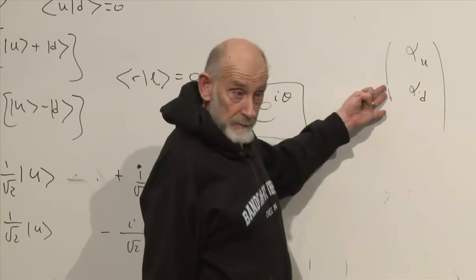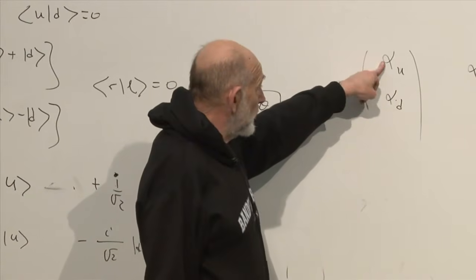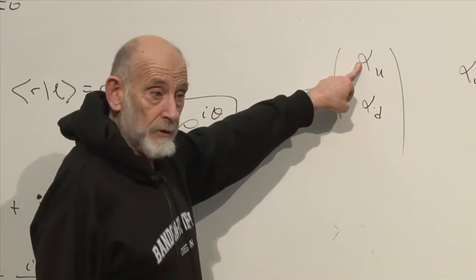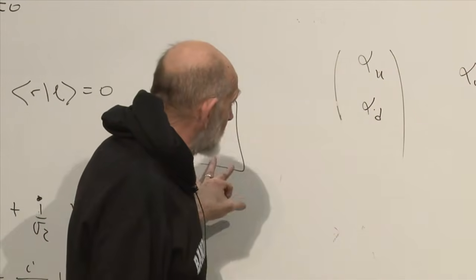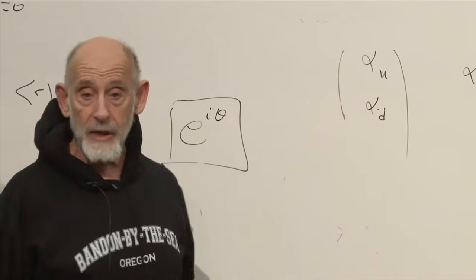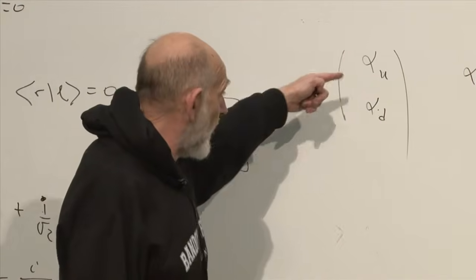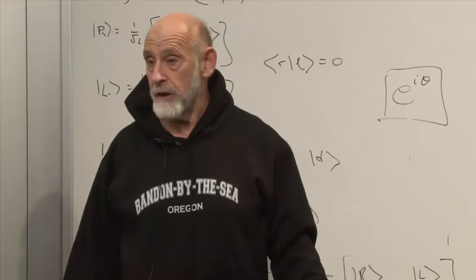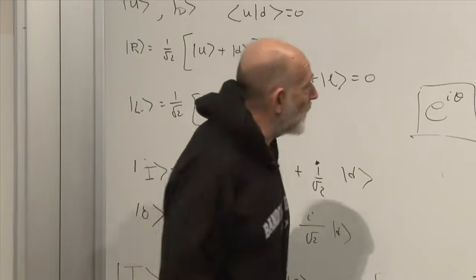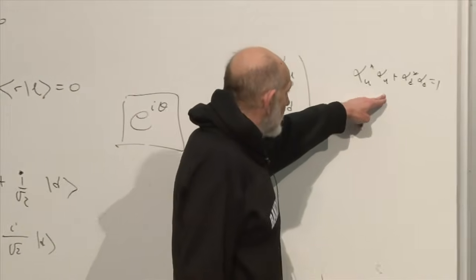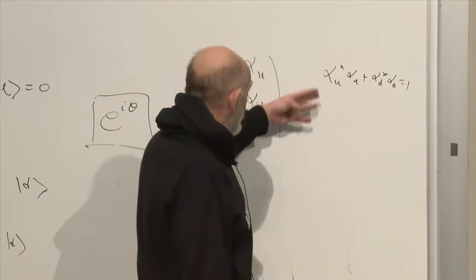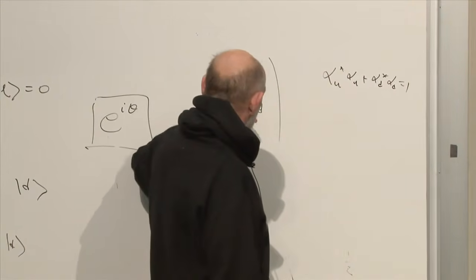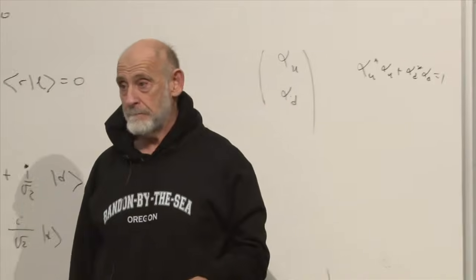Well, let's count. If we don't worry about either of these constraints here, how many things does it take to characterize two complex numbers? Four real numbers, right? But now one of them doesn't count because we have to satisfy the constraint that the total length is equal to 1.